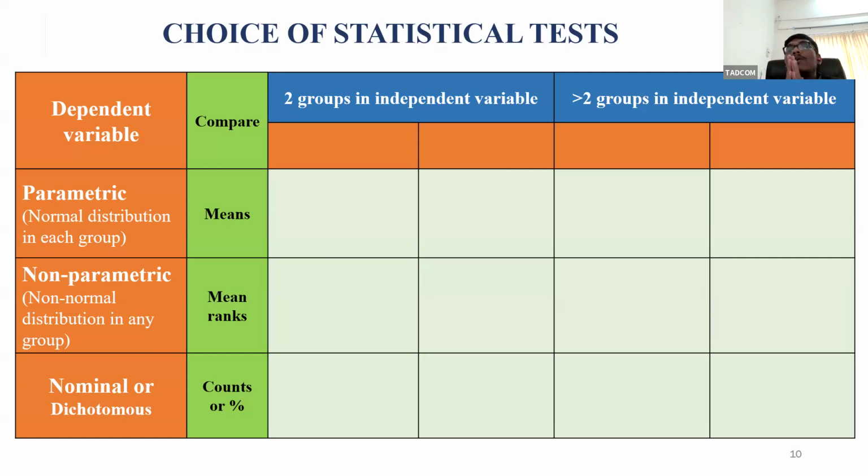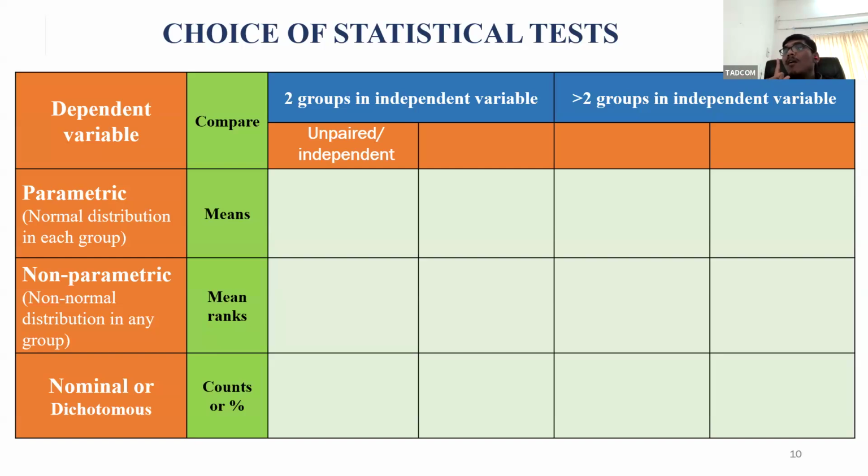Next, come on to the right hand half of your table, where I have divided into two: groups in the independent variable. If we have only two groups in the independent variable, or if we have more than two groups in the independent variable. Next is whether it is paired or unpaired. As I told in the previous slide, we want to look into four things.